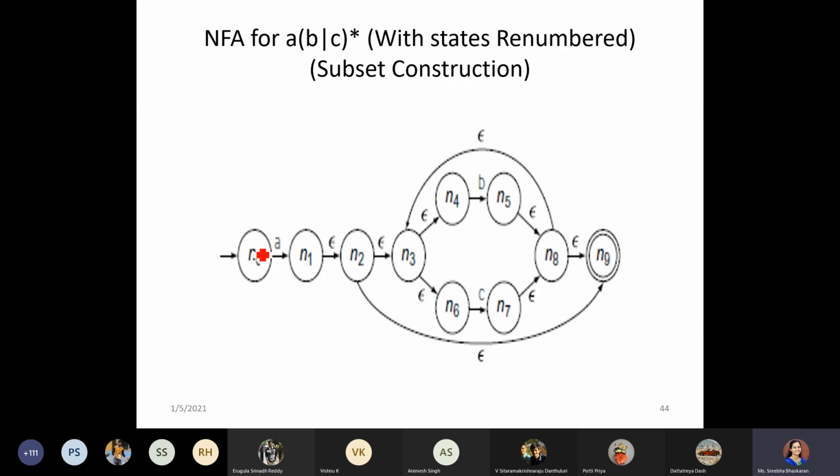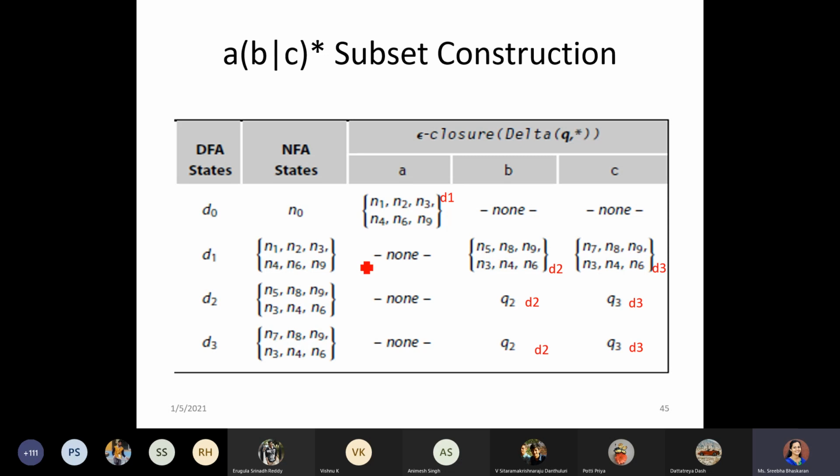Next, this will be considered the group of states which have been taken: N0, N1, N3, N4, N6. I have represented this as D1.